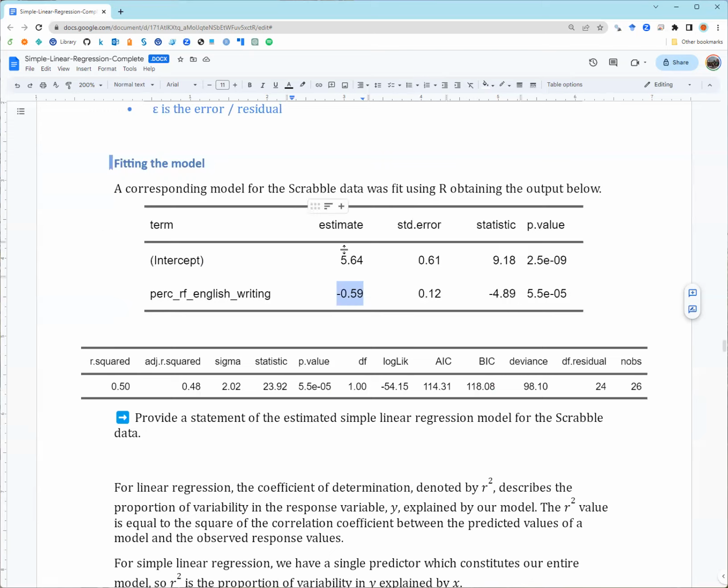R includes the regression output in this table where it says term. So term of the regression equation always says intercept for the intercept term. Here we'll always show the name of our predictor variable. And then beta 1 hat, or the beta hat corresponding to that predictor, is in the same row.